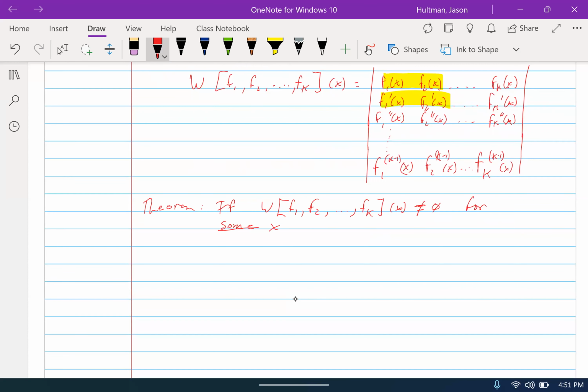Could it equal 0? Sure, it could equal 0. But as long as there's some x for which it's not 0, that's the key.